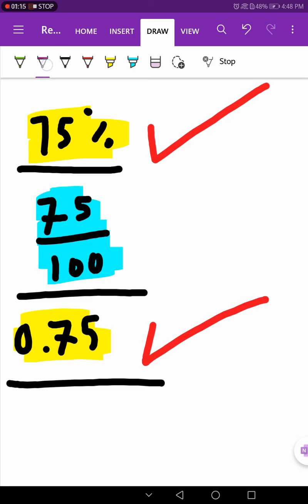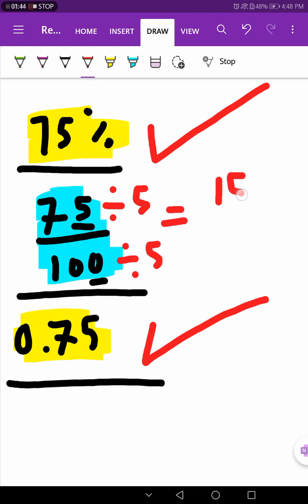To learn how to write any fraction in the simplest form, you have to find the greatest common factor between up and down, and we do it easily in a simple way. This number ends with 5, and this number ends with 0, so both of them can be divided by 5. 75 divided by 5 is 15, and 100 divided by 5 is 20.